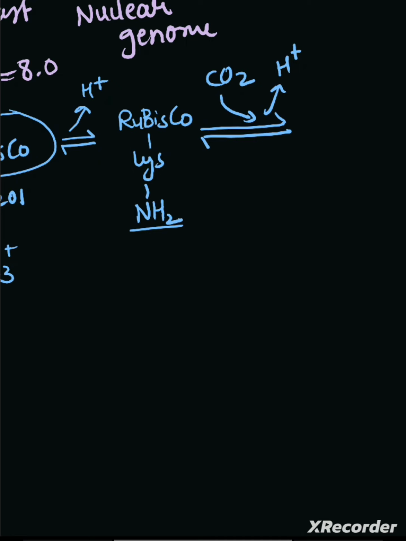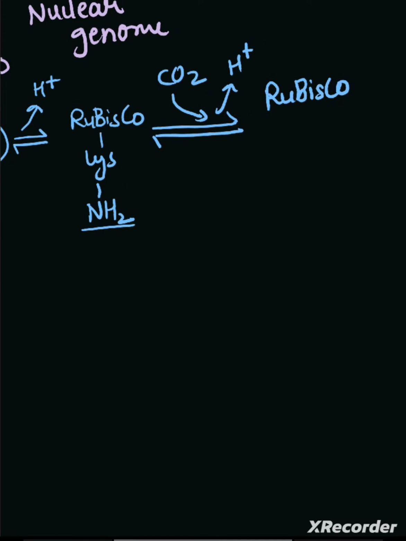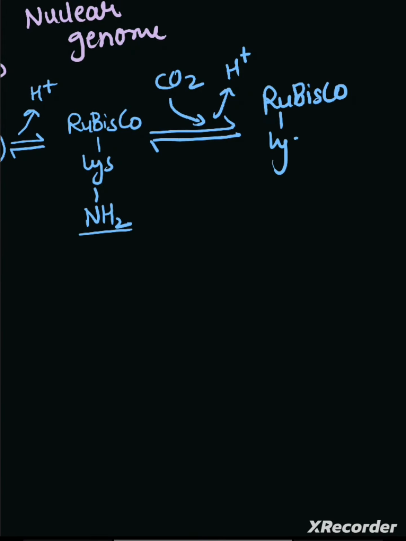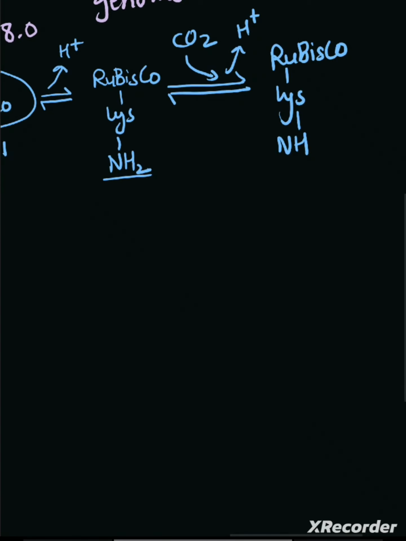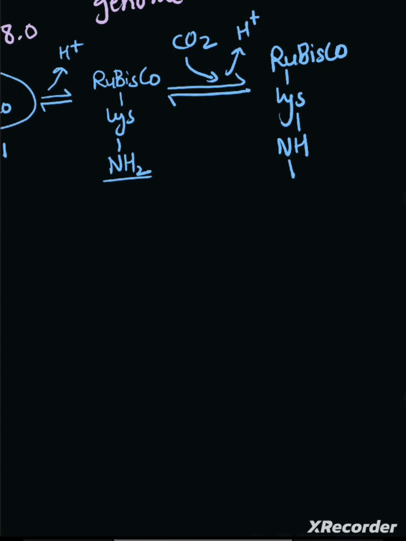As a result, on this enzyme Rubisco we have lysine with NH, and since we are adding carbon dioxide, it will be COO minus. This is called carbamate.